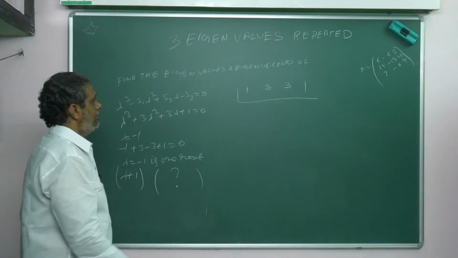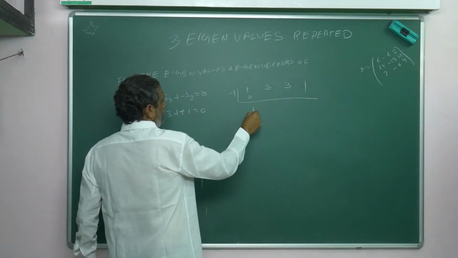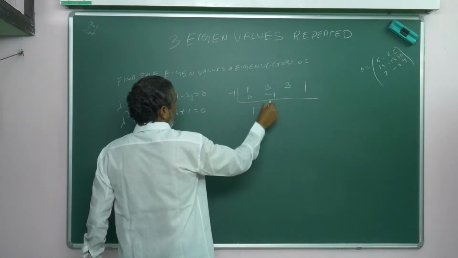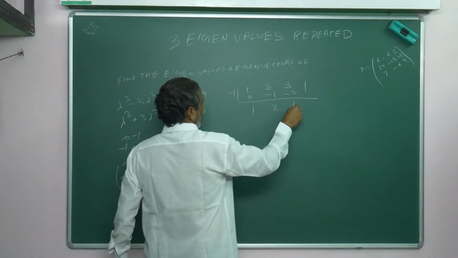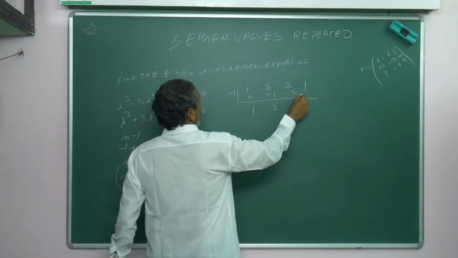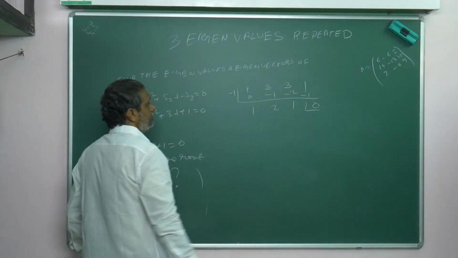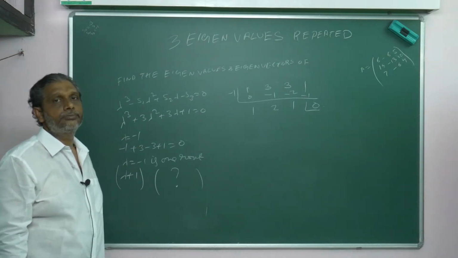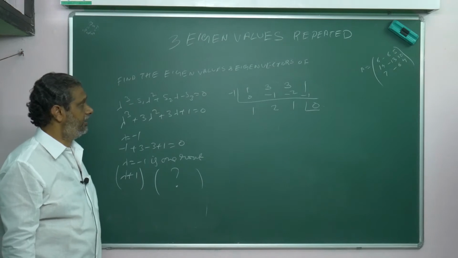Otherwise, write 1 1 3 1, give minus 1: bring down 1, 1 into minus 1 is minus 1, 3 minus 1 is 2, 2 into minus 1 is minus 2, then 1, 1 into minus 1 is minus 1, remainder 0. If you don't get 0, this is not a root. That is the factor theorem or remainder theorem.